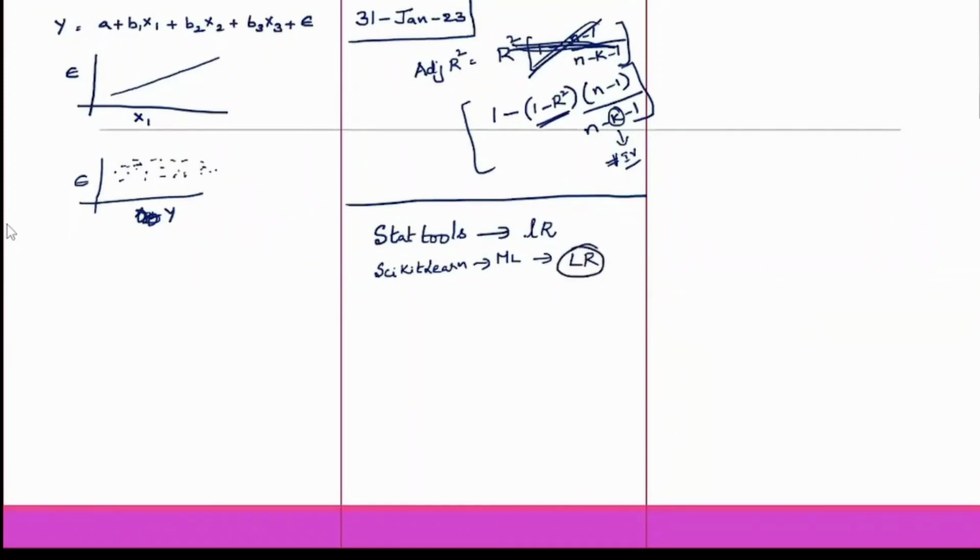Now these two functions are entirely different as far as the outputs for interpretation are concerned. This one gives you a lot of t-values, p-values, all these statistical calculations. It looks at the coefficients, t-value, p-value, and all that. Whereas this one does not give anything. It just gives a coefficient.